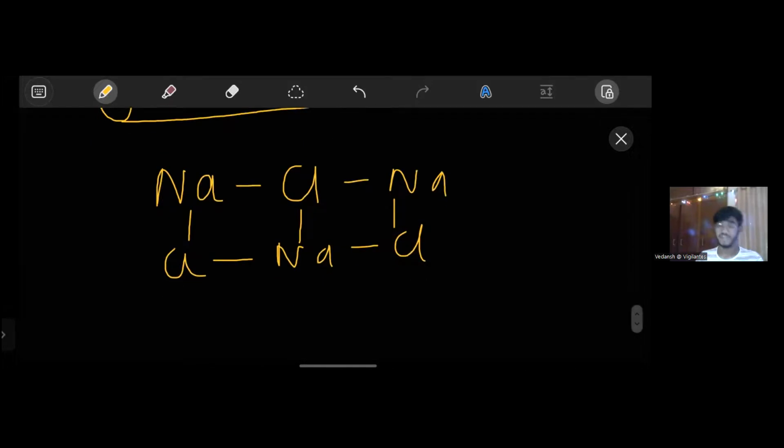Now, why is NaCl basically a semiconductor? It does not conduct electricity when it is in its solid state, but when I dissolve it in water, when I increase its temperature from room temperature to normal water temperature, it actually dissolves. That means an exothermic reaction is happening, and it would break these bonds.